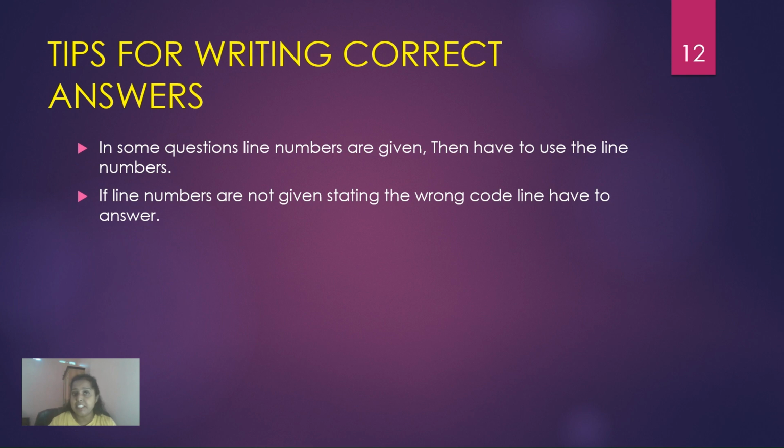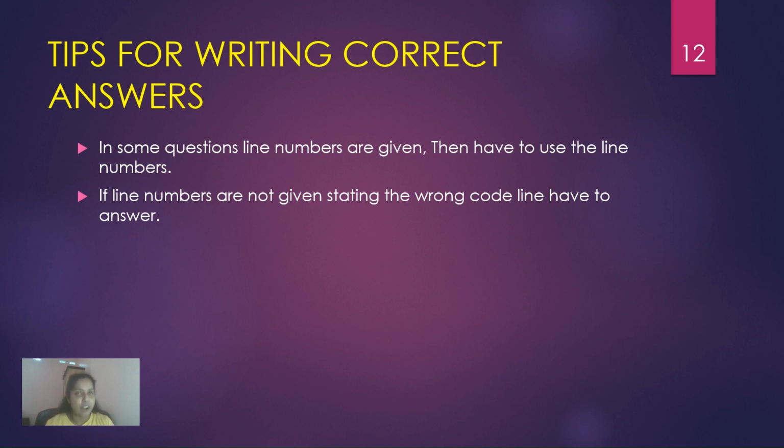Tips for writing correct answers. In some questions, line numbers are given, then you have to use the line numbers. In some questions, line numbers are not given. Then what you can do is mention the entire line to discuss the error.